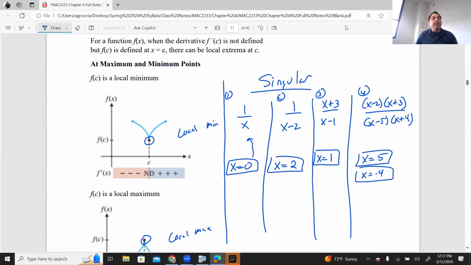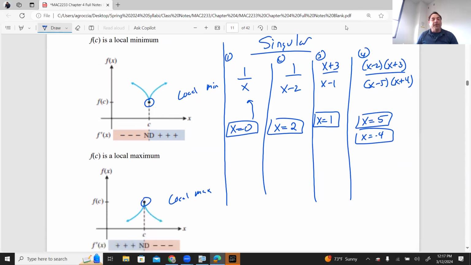It's about the bottom. But remember, if I gave you, let's add a 5th case, x squared minus 4x plus 3. Does this have any singular points? If this was the derivative? Is there any dividing? Is there anything in the denominator? No. So this would be none. What about this one? Again, something weird. X plus 3 over 5.